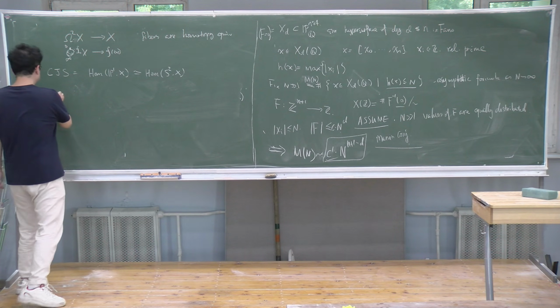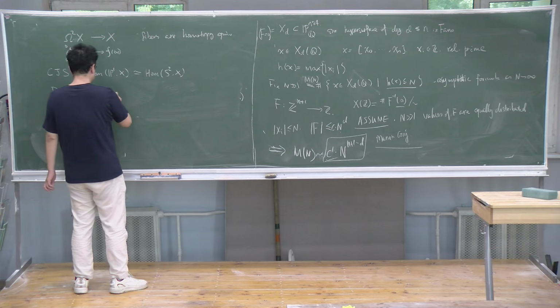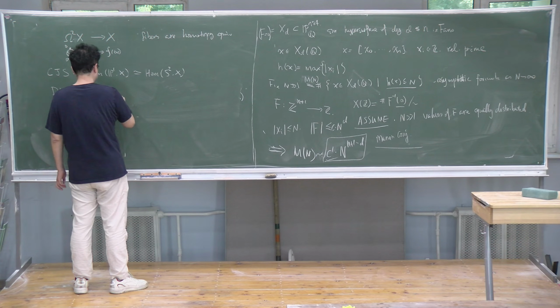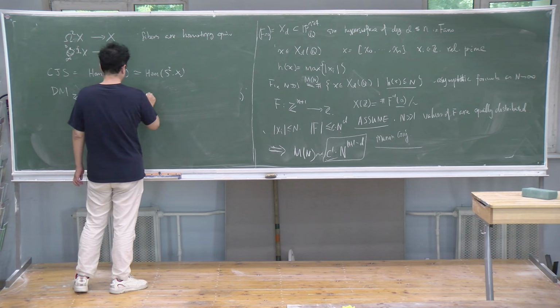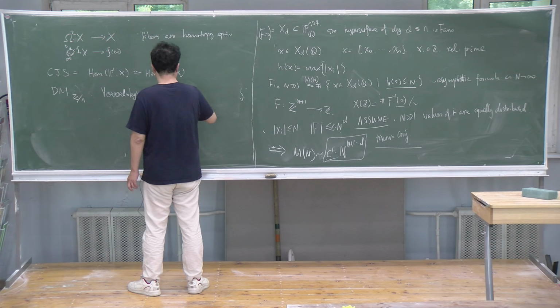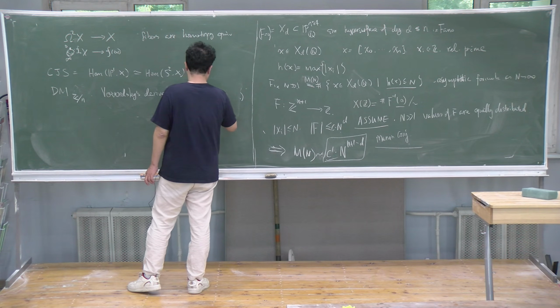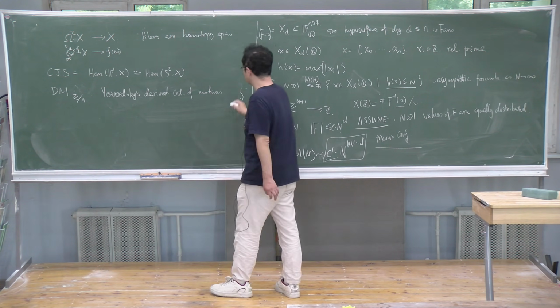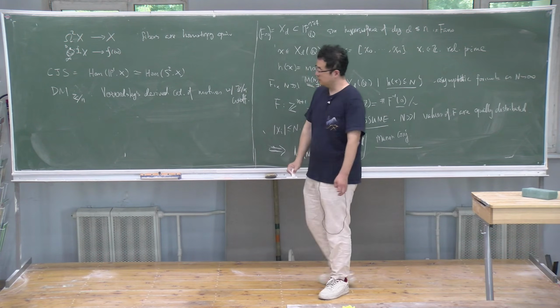This is DM with torsion coefficients, Voevodsky's derived category of motives, but with Z mod n coefficients.